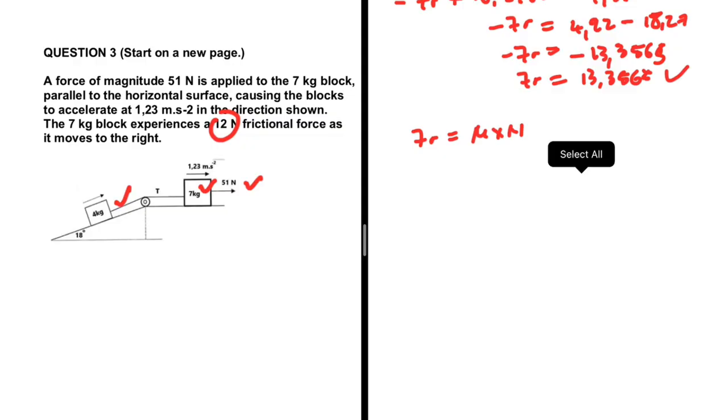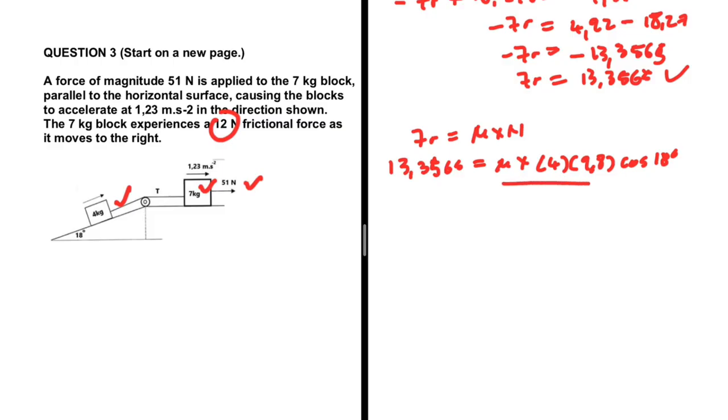So the frictional force, that is 13.3565, is equal to the coefficient, which is what you're interested in, multiplied by the normal force. The normal force is mg cos of theta. So that will be 4 multiplied by 9.8 cos of 18 degrees.